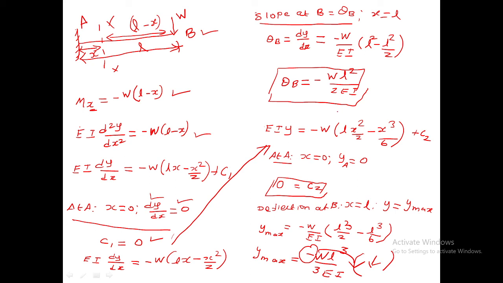The slope at B is minus W L square by 2 EI. Next, integrate the slope equation once again. EI y equal to minus W times L x square by 2 minus x cube divided by 6 plus C2. At fixed point A, x equal to 0, the deflection is also 0, so C2 is 0. So at point B, x equal to L, y equal to y max, the deflection is maximum.